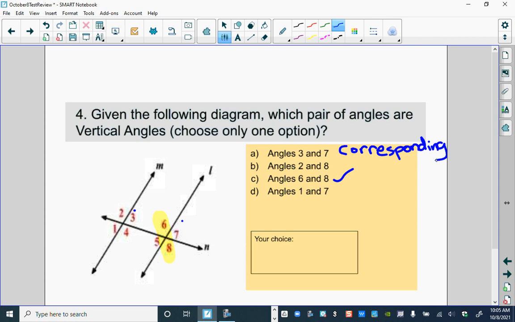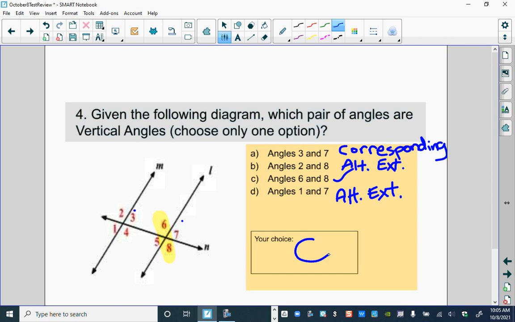You would have gotten those 4 measures correct. And then 2 and 8, alternate exterior. 1 and 7 is also alternate exterior. So yeah, choice C would be correct. Good job.